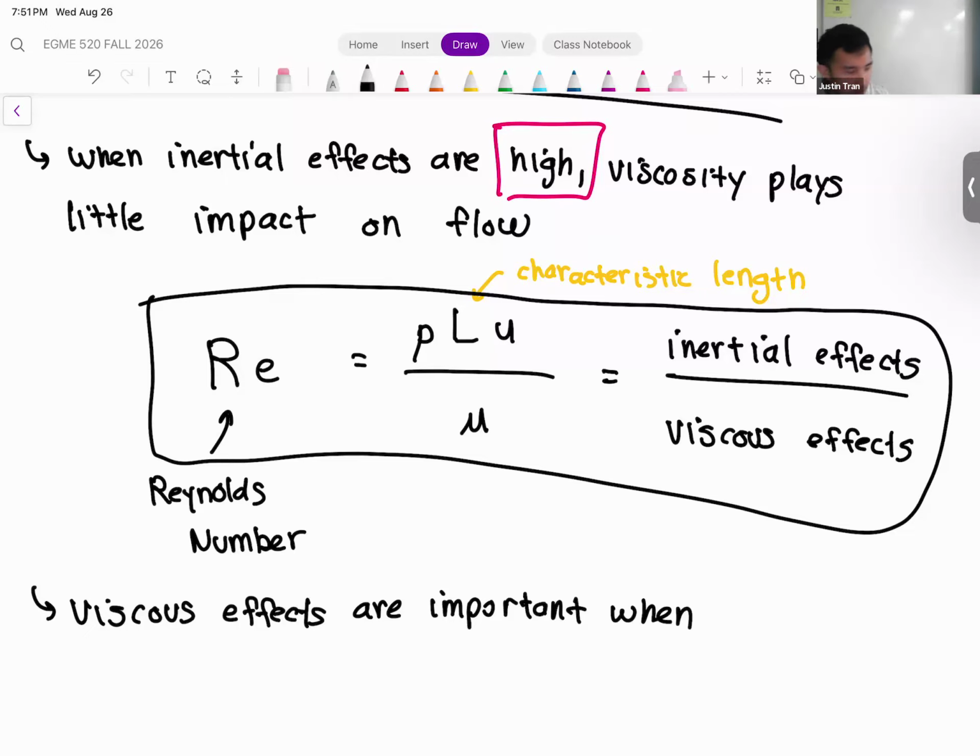A large denominator means that our Reynolds number overall will be small. So that's the regime that we're going to be looking at the most in this class. We're going to be looking at low Reynolds number flows.